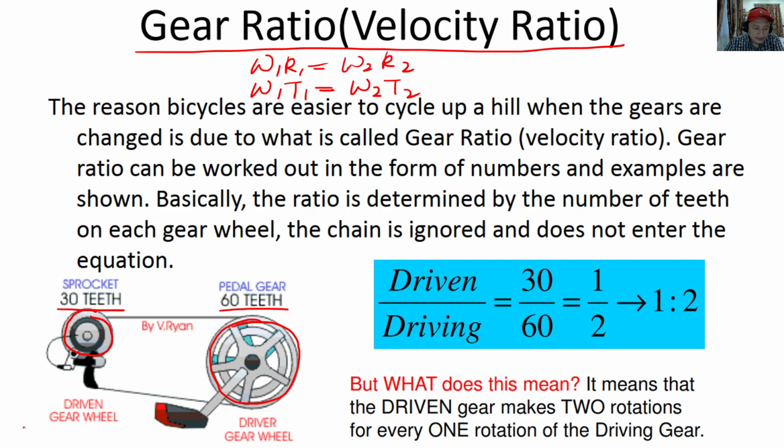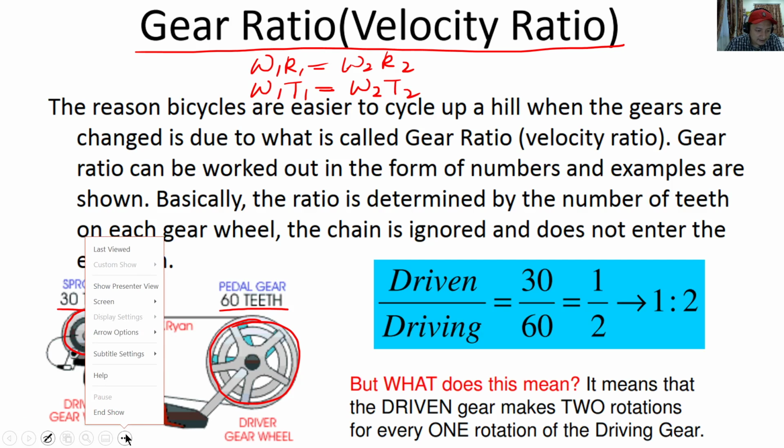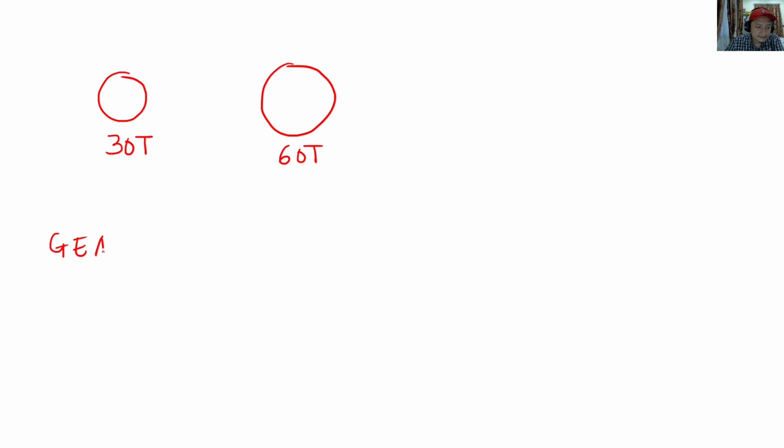In order to do this, let me bring up a new screen. So at the back, you have 30 teeth. At the front, you have 60 teeth. So gear ratio is equivalent to, the easiest format to remember is output over input.